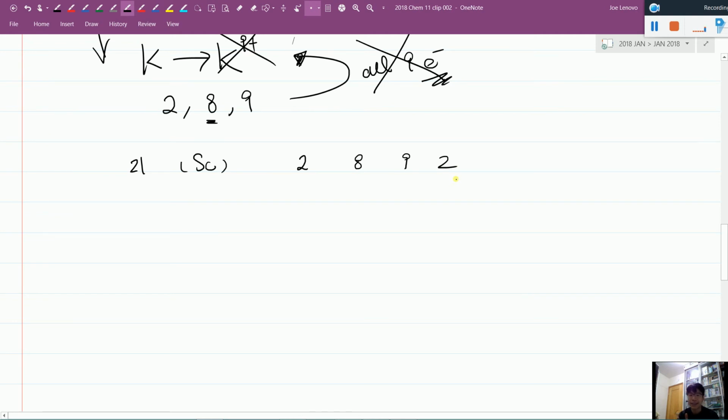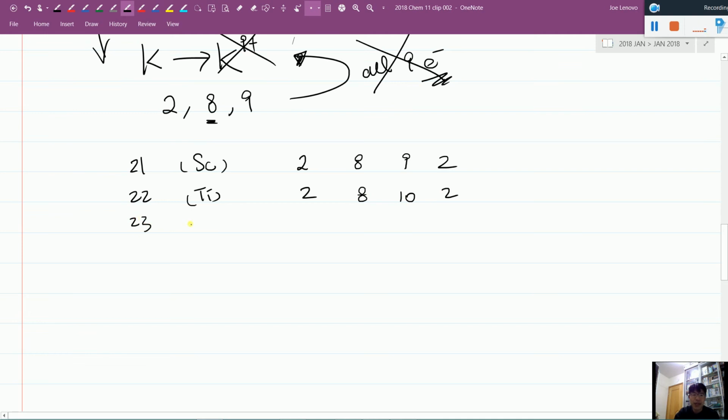Somehow something really funny happened. Instead of 2, 8, 8, we go back to the third shell. And 22 is Ti, titanium, which is 2, 8, 10, 2.